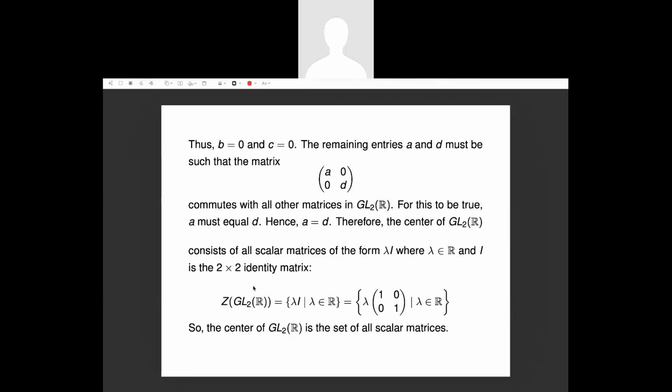So Z, the center of GL2R, is of this form. This way we can calculate how to find the center of any matrix group. By this method we can just calculate the center of GL2R.